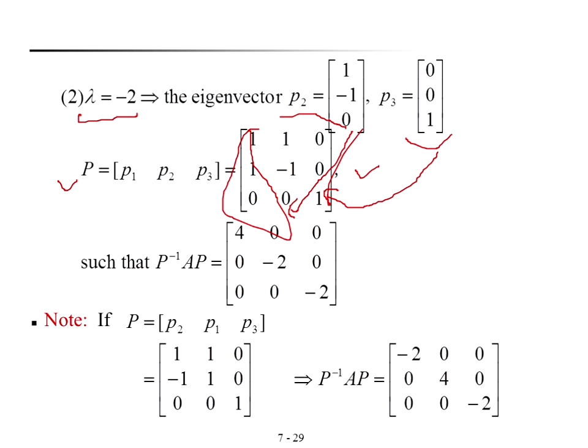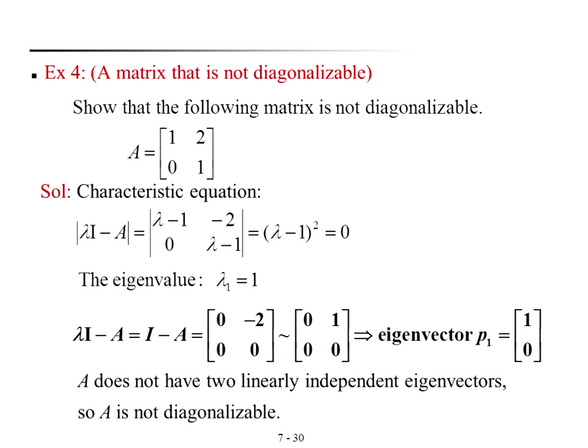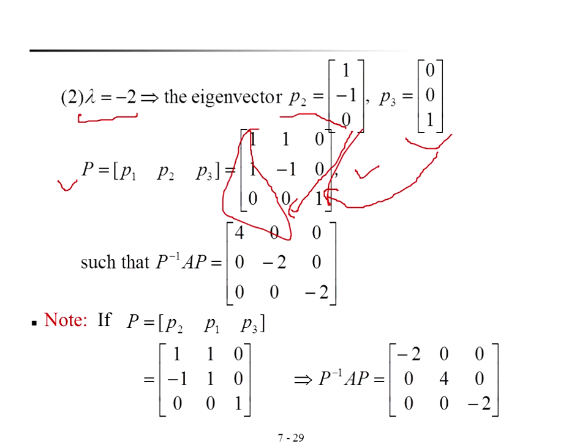So we have to find P inverse AP. If P is equal to this, then P inverse AP is equal to the diagonal matrix with 4, minus 2, minus 2.